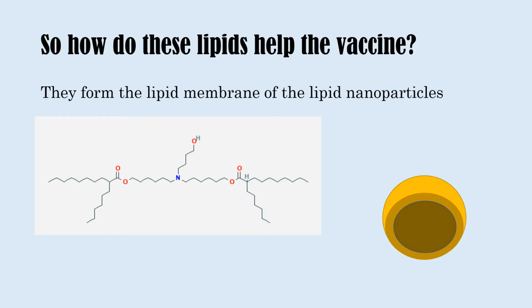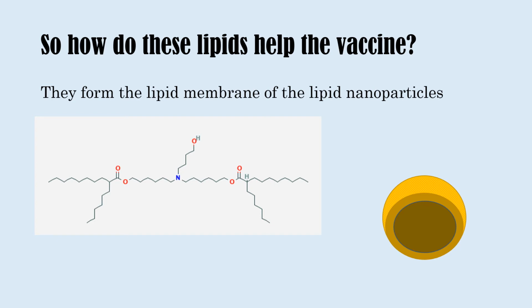So how do these lipids help the vaccine? As I mentioned, we have something called lipid nanoparticles, which I represent in orange. These things will all form the lipid membrane. I'm not going to ask you what this is, because saying the name will probably take 2 minutes.